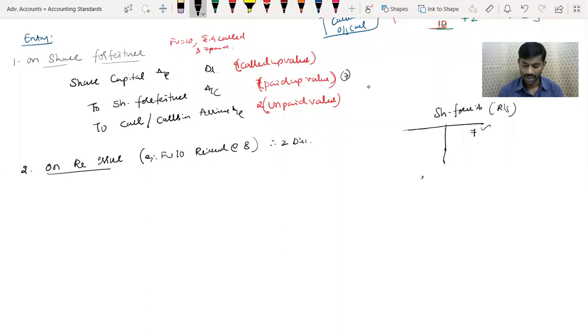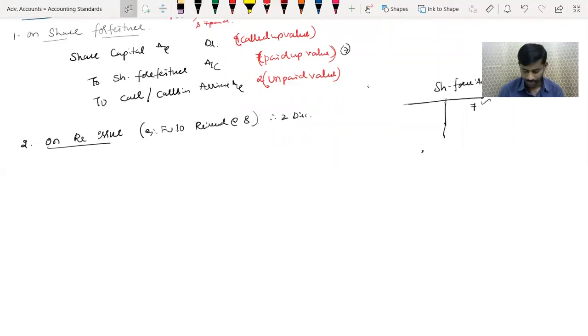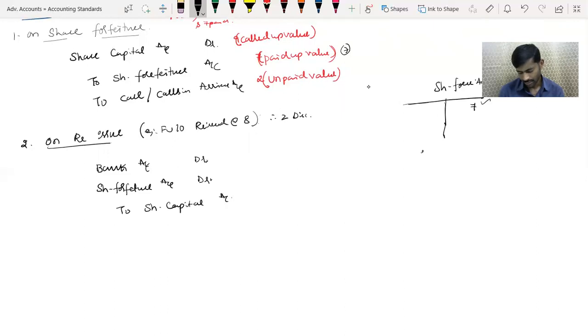So the entry: bank account debit, this is the reissue price. Share forfeiture account debit, to share capital account. So what is this amount? Bank, the reissue price.